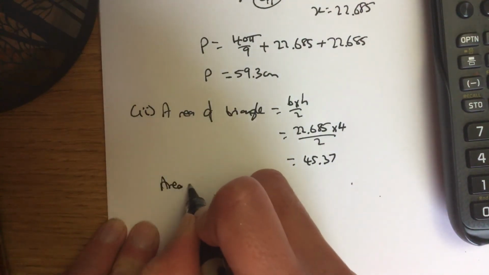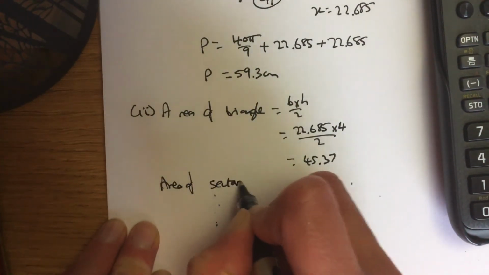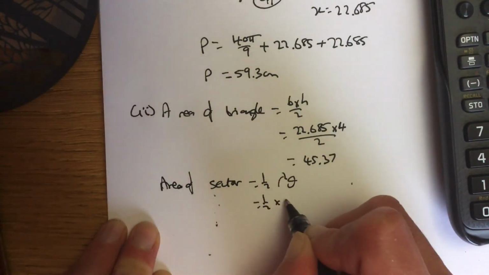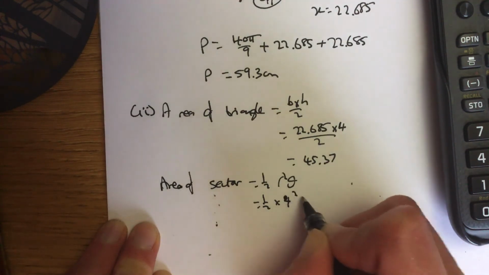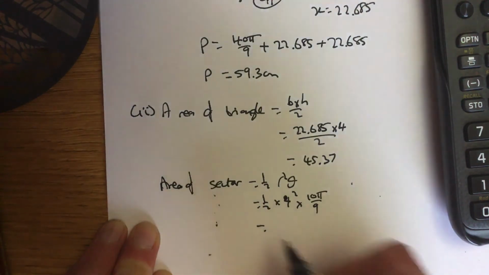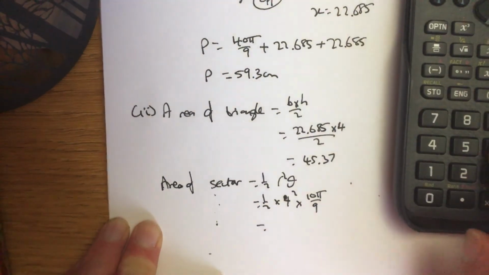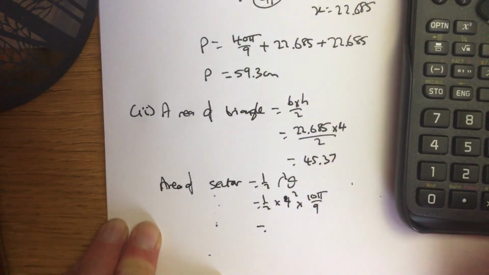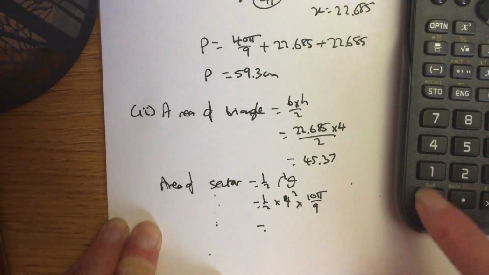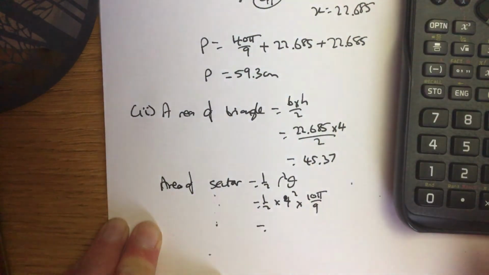So the area of the sector now is a half r squared theta. So your radius is, from the very start there, 4 squared, and your theta is the angle you worked out. So putting this through the calculator, it's a half times 16 times 10 pi divided by 9.